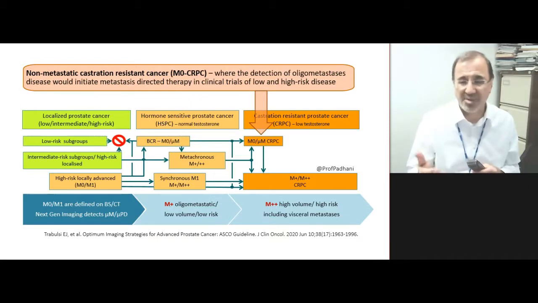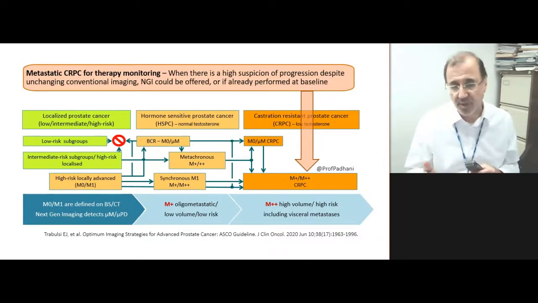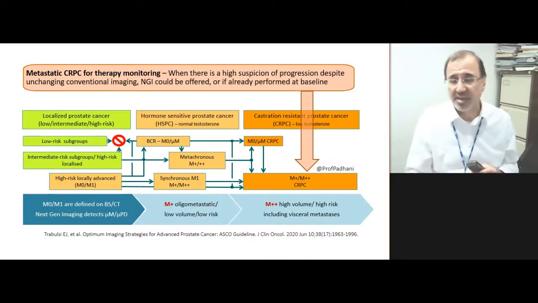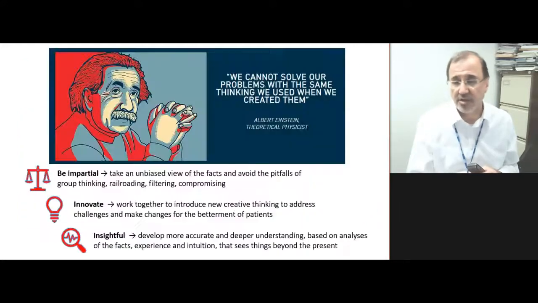For M0-CRPC, not very clear what the exact role of next-generation imaging is at the moment. For castration-resistant prostate cancer, it should be offered when there is high suspicion of progression despite a negative or unchanging conventional imaging. You can do next-generation imaging at the time, or if you've already performed it at the baseline and you want to follow the patient serially. Okay, let's now get on with the cases.